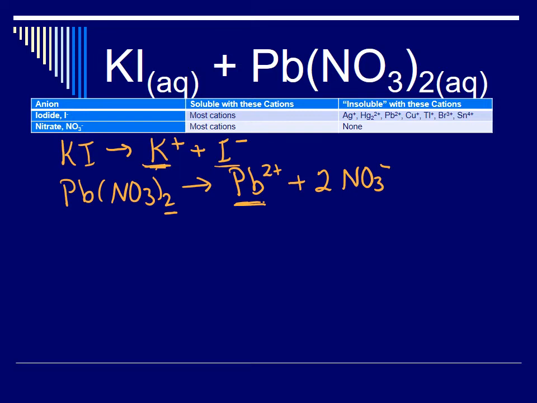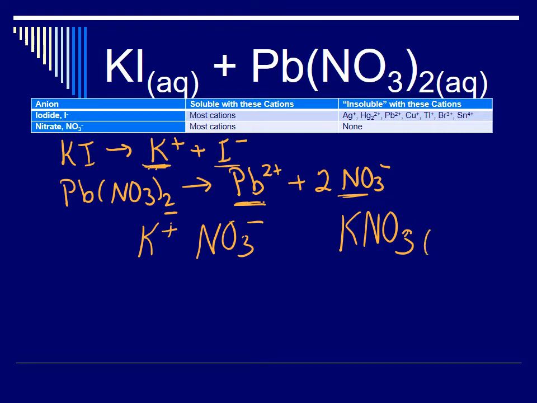So what happens if the potassium comes in contact with the nitrates? Well, we would form, let's see here, potassium has a +1, nitrate has a -1, we'd form KNO3. But if we check our solubility chart, we find out that this is going to be soluble. It's going to be aq. So I know that that's not the product that I formed.